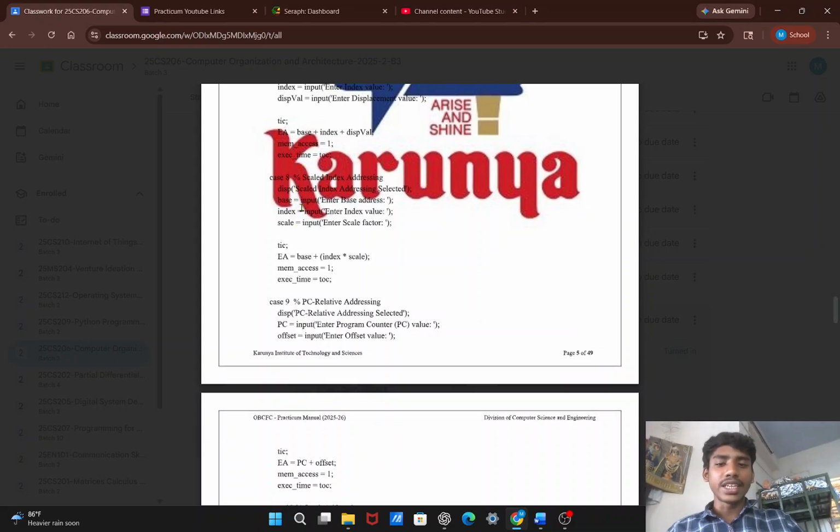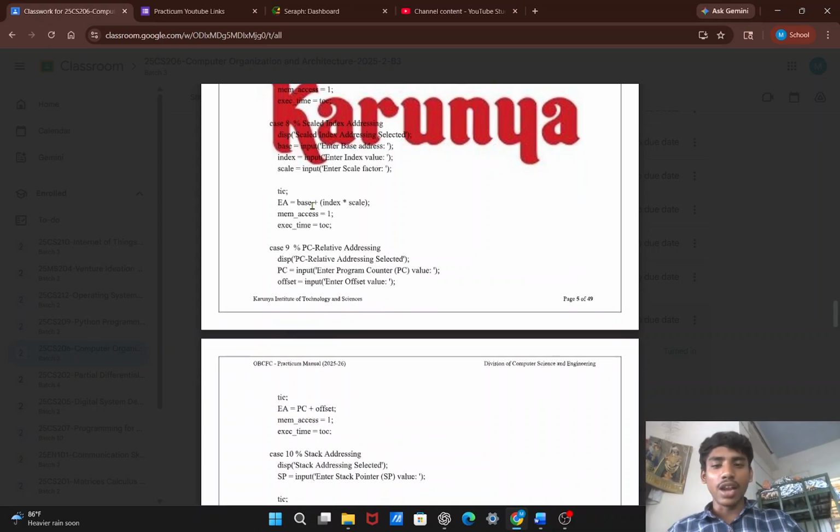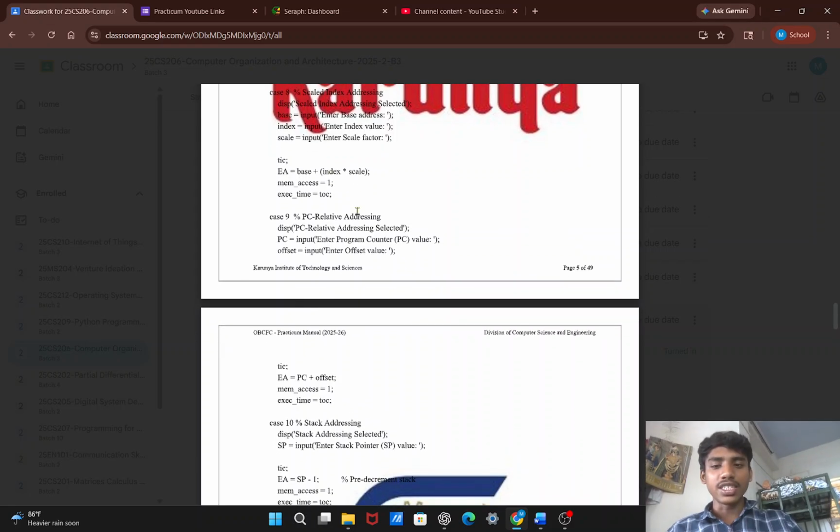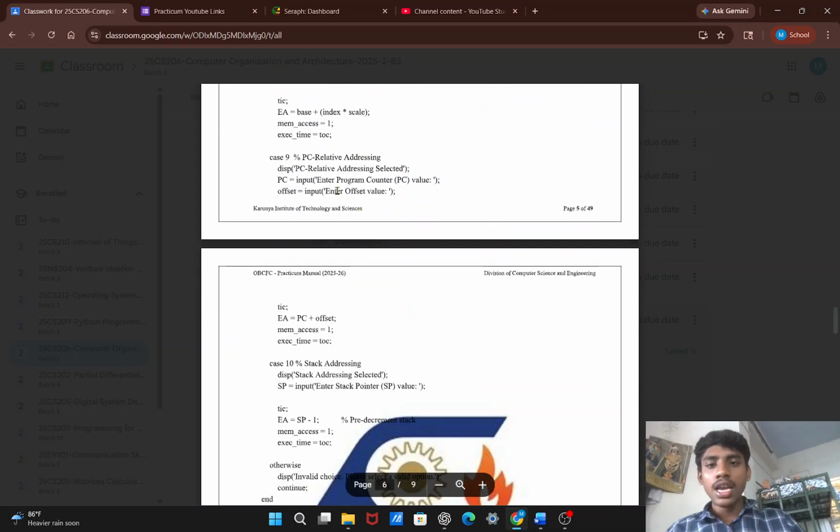Then scaled index addressing, in which we get base, index, and instead of the displacement value we get the scale factor, and then we calculate the effective address by base plus index times scale. The memory access is equal to 1, and the execution time is equal to tock. Then PC relative addressing, in which we enter the PC value and enter the offset value.